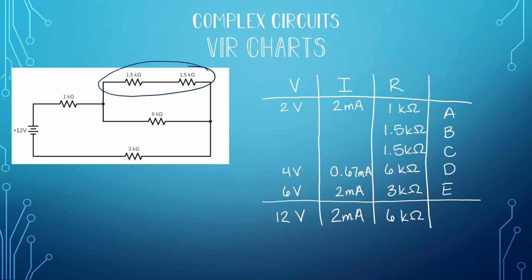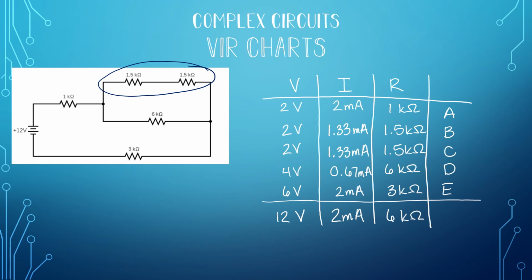So whatever current was traveling through resistor BC is also the current that's traveling through both B and C. So that's 1.33 milliamps. Once we know that current, we can find the voltage, and it just so happens that the voltage is 2 volts for both of these.